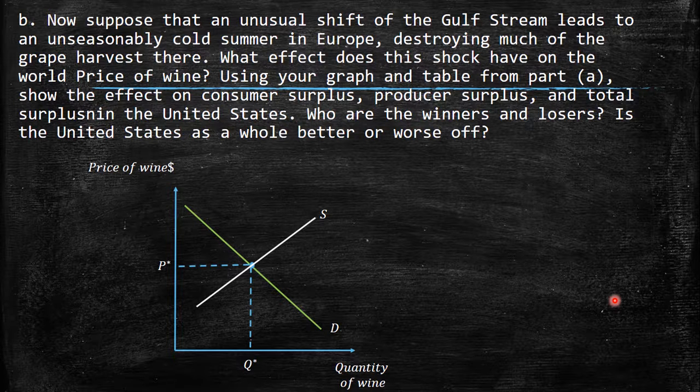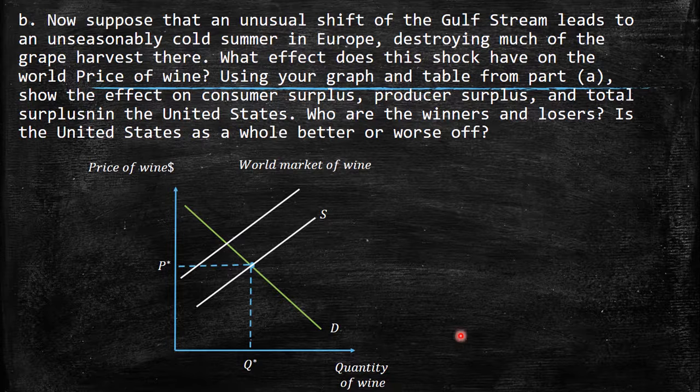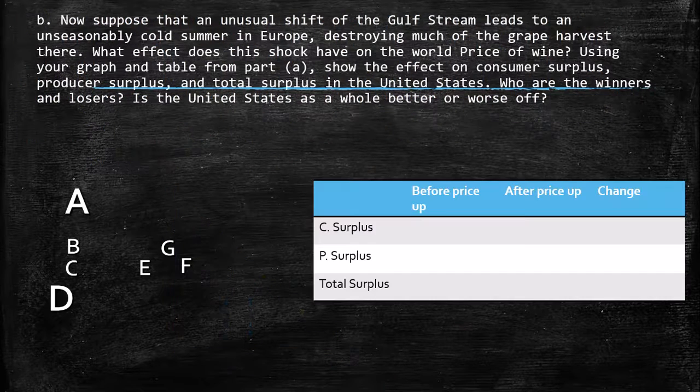So in this case the supply is going to shift to the left, given the external, exogenous shock to wine. So at this point the world price is going to increase from P star to P prime. Okay, so now there's going to be an increase of the world price. So the price went up.